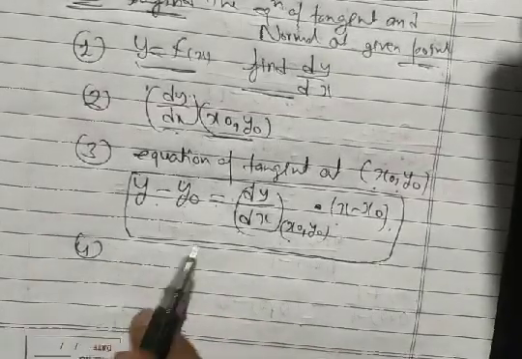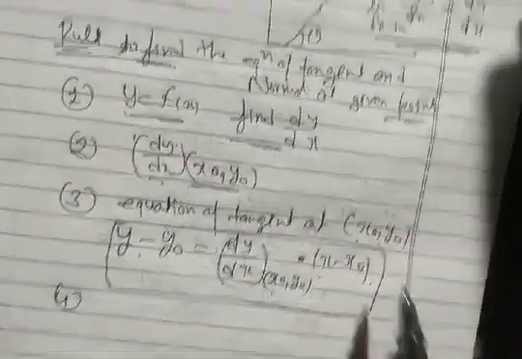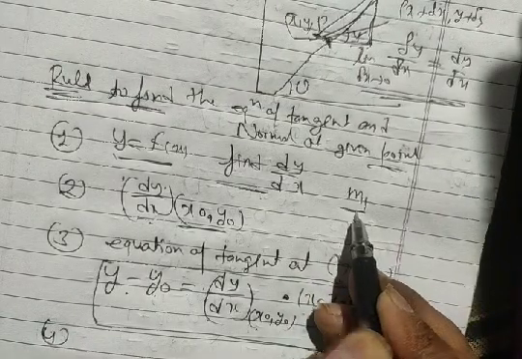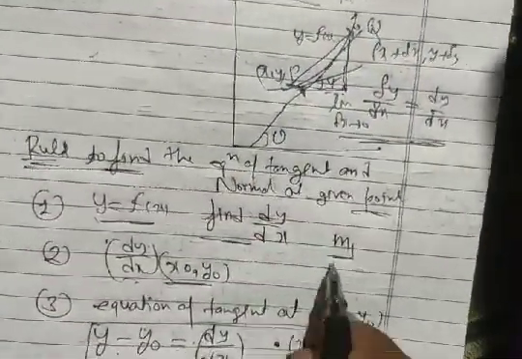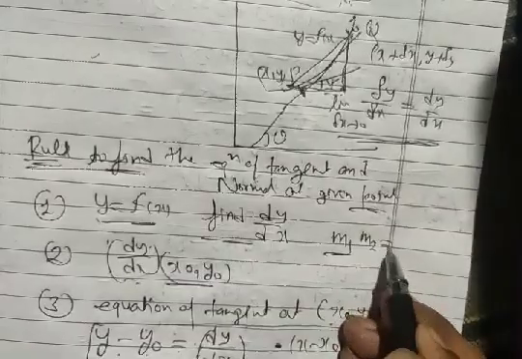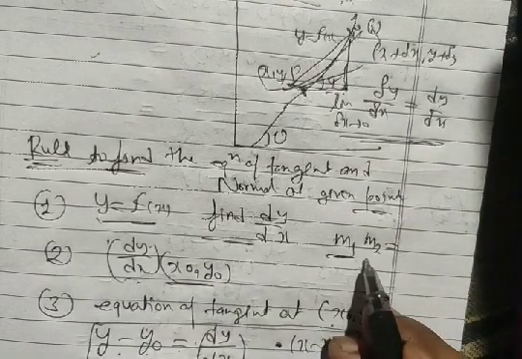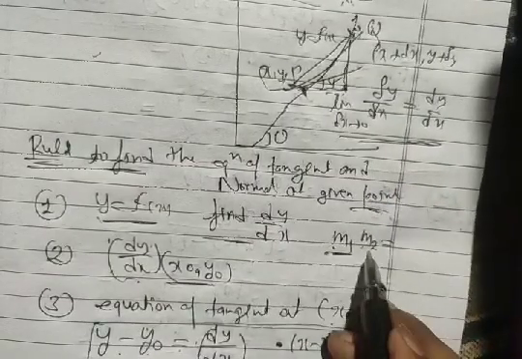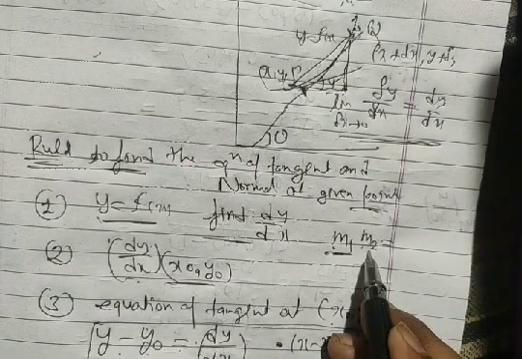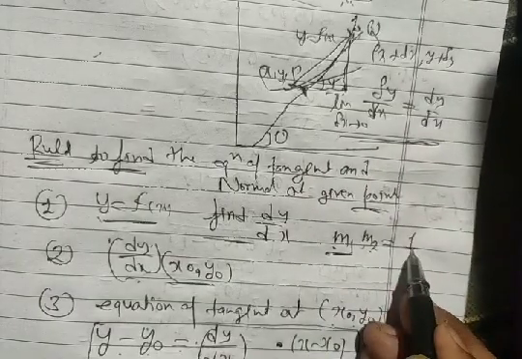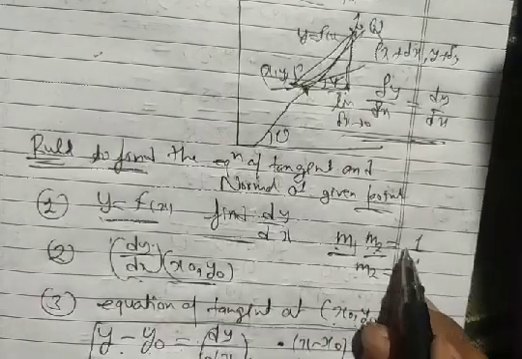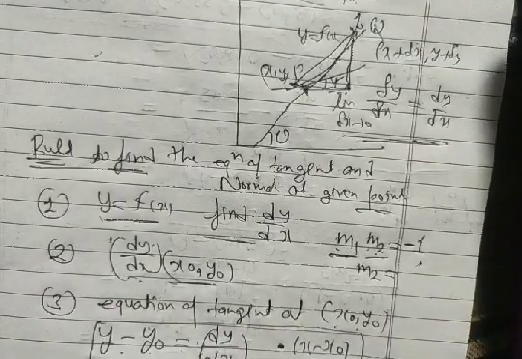If you want the equation of normal, remember that if m1 is the slope of the tangent, we know that the tangent and normal are perpendicular to each other. If m1 is the slope of tangent and m2 is the slope of normal, then as we know from class 11, when two lines are perpendicular the product of their slopes is minus 1: m1 into m2 equals minus 1.